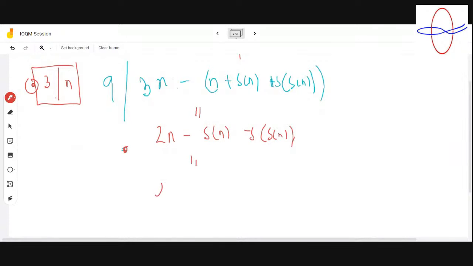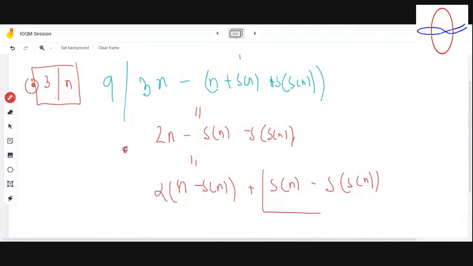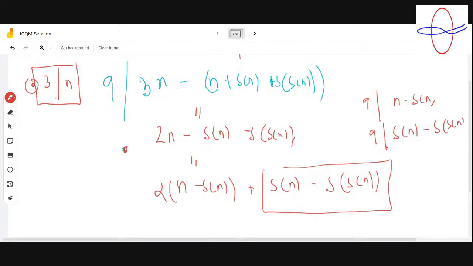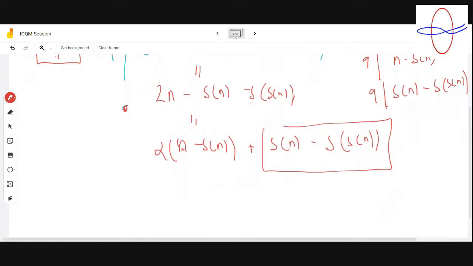Now this is the same as twice (n minus S(n)) plus (S(n) minus S(S(n))). Now 9 divides n minus S(n). Replacing n by S(n), 9 also divides S(n) minus S(S(n)). So 9 divides this and 9 divides this.